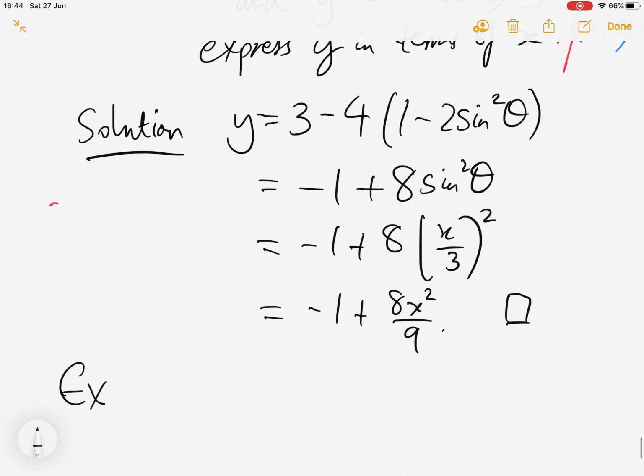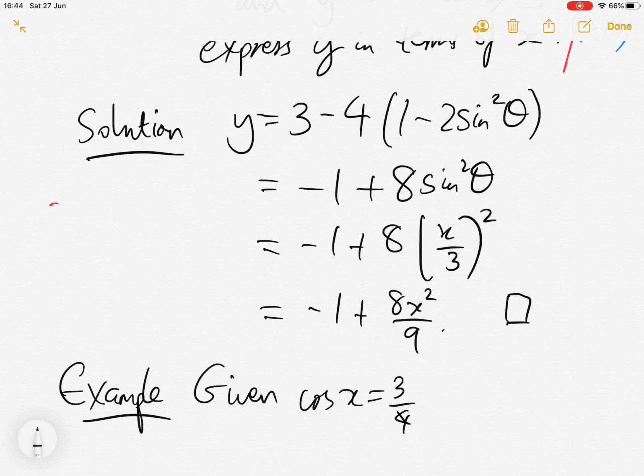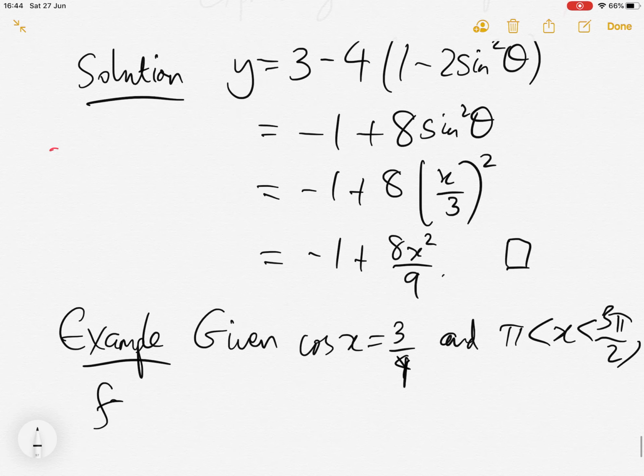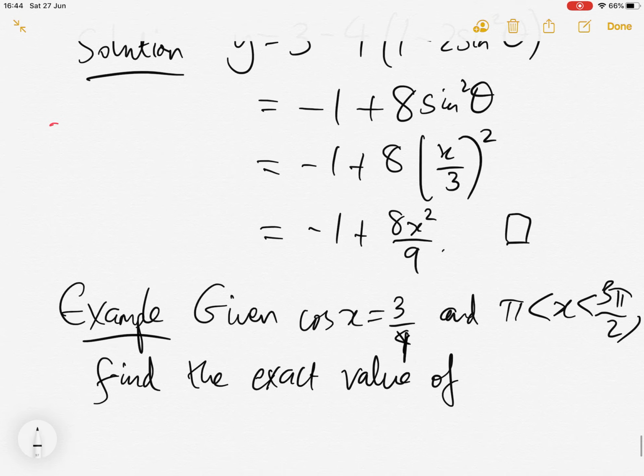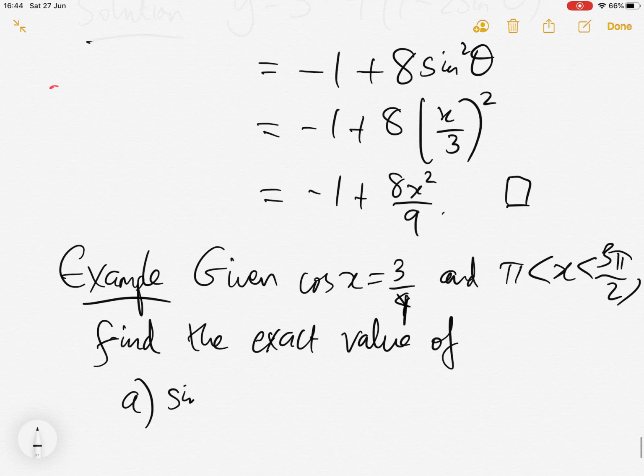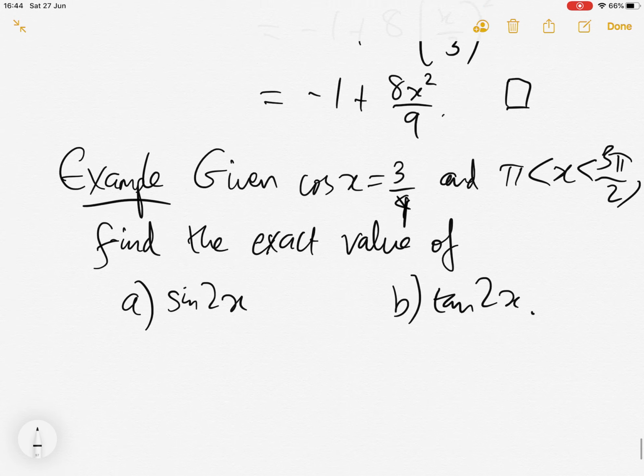Okay, let's look at a different example. The question this time is: given cos x is 3/4 and x is between pi and 3 pi over 2, find the exact value of firstly sine 2x and then secondly tan 2x.